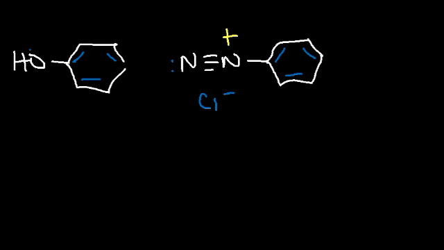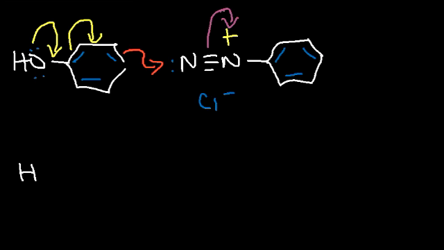So phenol is a very nucleophilic benzene molecule. It's activated by the OH group. And so this OH group can donate electron density to the ring. And so it's going to cause this double bond to move here, which will cause this double bond to attack the nitrogen atom, which will cause this triple bond to push a pair of electrons on this nitrogen.